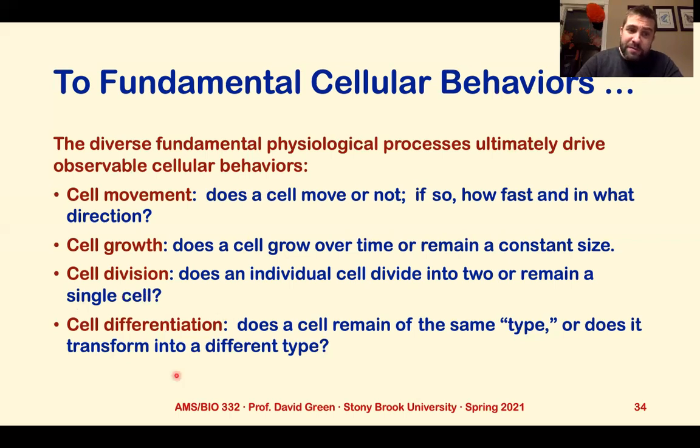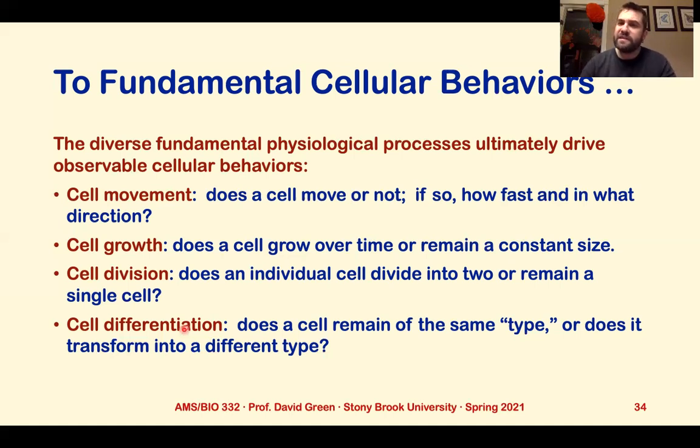One of the perhaps most interesting cellular behaviors, and one that we will explore a little more in the next couple of slides, is that of cell differentiation, particularly in multicellular organisms, but also even in simple bacteria.